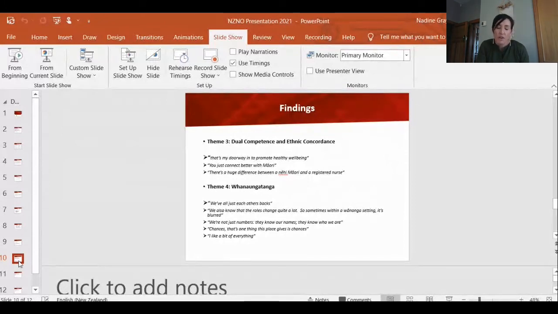The concept of whanaungatanga encapsulates the real strong relationships across all cohorts of the 3-year program. So not just year 1s together, year 2s and year 3s, but actually the cross-pollination across all 3 year groups.